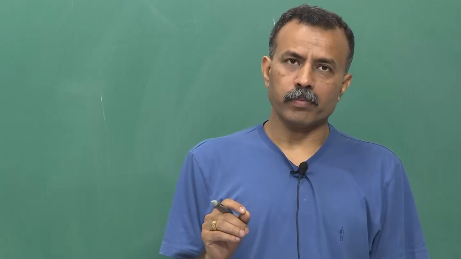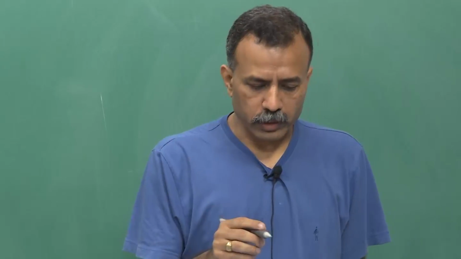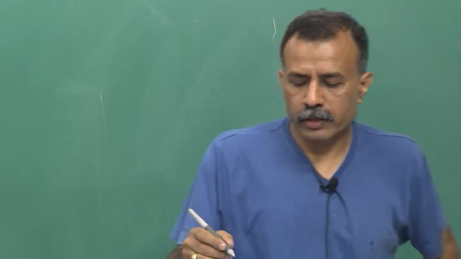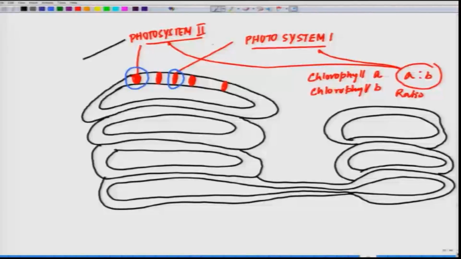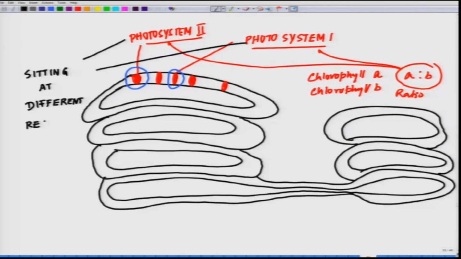So, the two concepts I just highlighted: first, photosystem 1 and photosystem 2 are sitting at different redox potential.